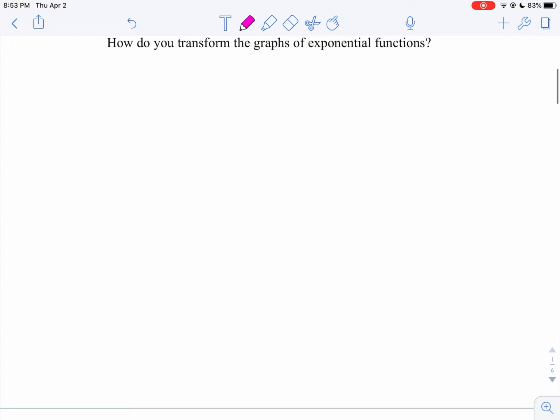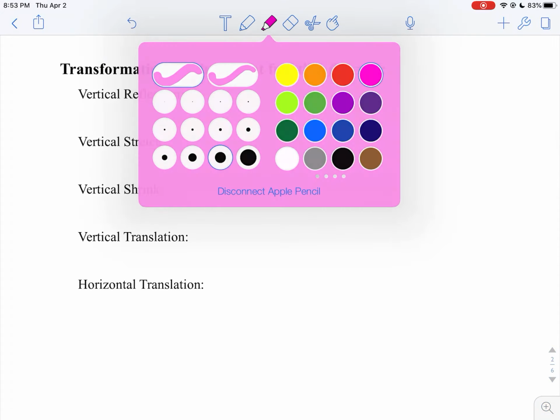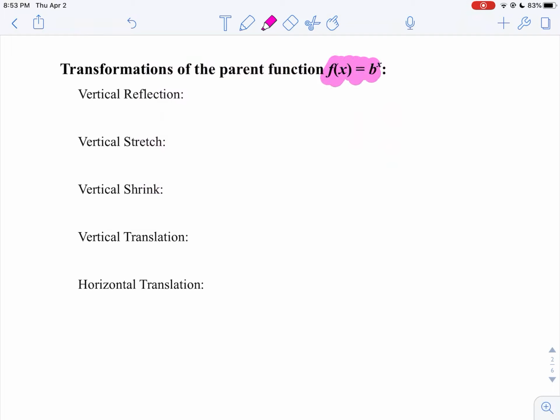So let's go back to our basic parent function that Mr. Baker talked about the other day. f of x is equal to b to the x power. If we are making that basic parent function have a vertical reflection, do you remember from all of our graphs this year, what would make that graph flip upside down?